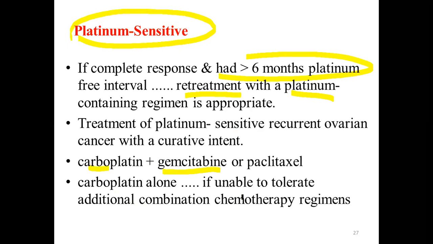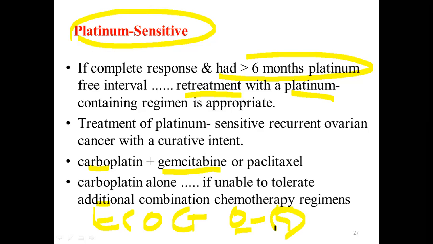But if the patient cannot tolerate chemo, remember the performance status of the patient is what guides you on whether the patient can tolerate chemo or not. The Eastern Cooperative Oncology Group scale is usually between 0 and 5. An ECOG of 0 means the patient is fully mobile, but an ECOG of 5 means the patient is almost immobile, bedridden.